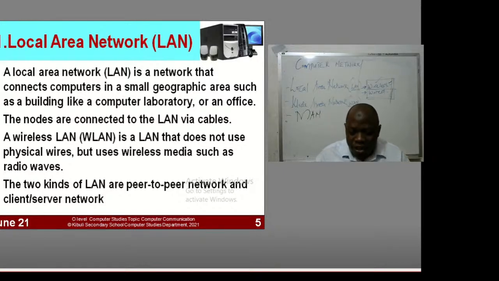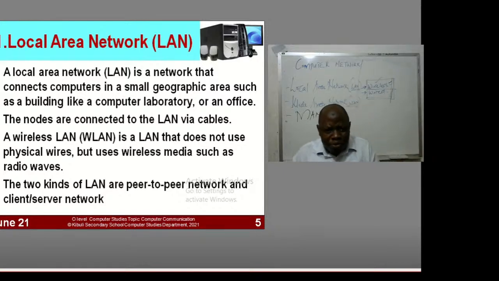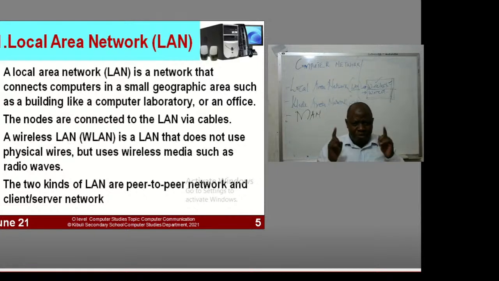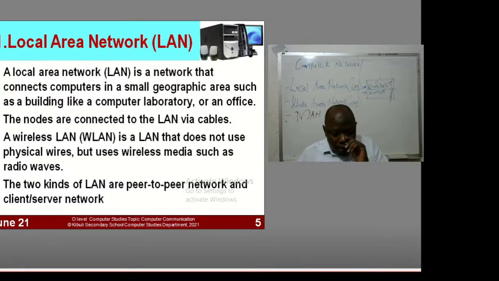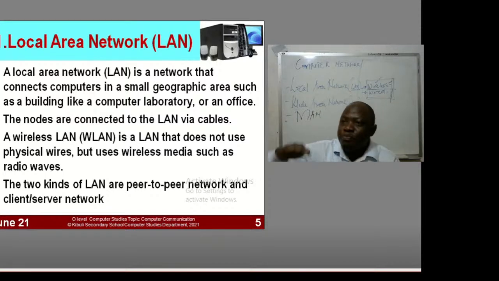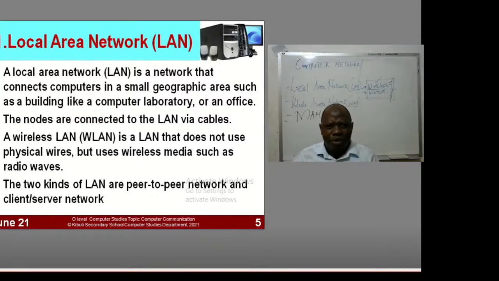When I connect those two laptops together in order to share resources, that is called peer-to-peer, because the two laptops are at the same level. No laptop is superior to the other.